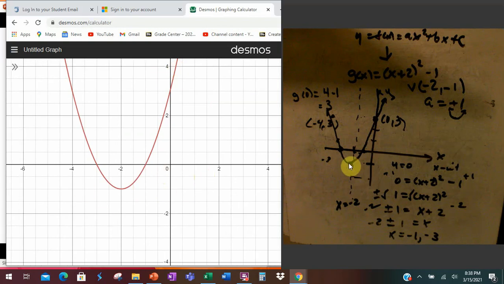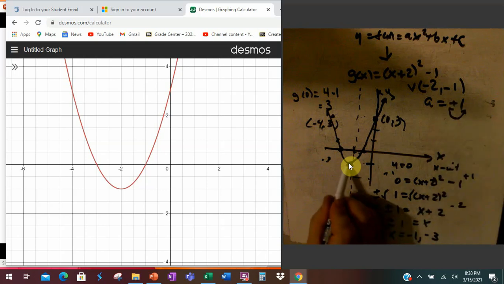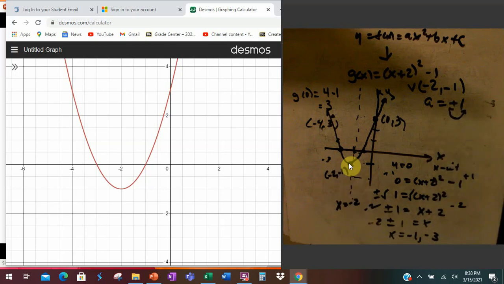So here's our piece. We should have labeled this. This was our -2, -1. We had it down, we just didn't add the label here. So if I go over here, there's the -2, -1. So that's the vertex up here. That's my 0, 3. And if I go across here, from here to here is 2 units.